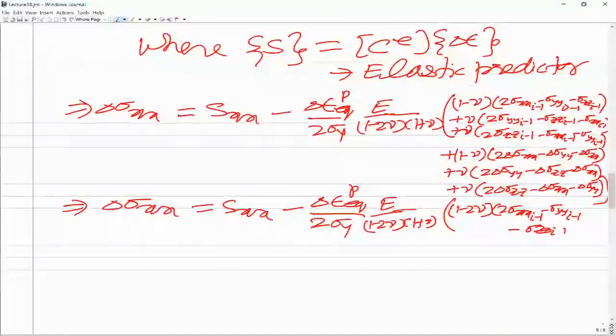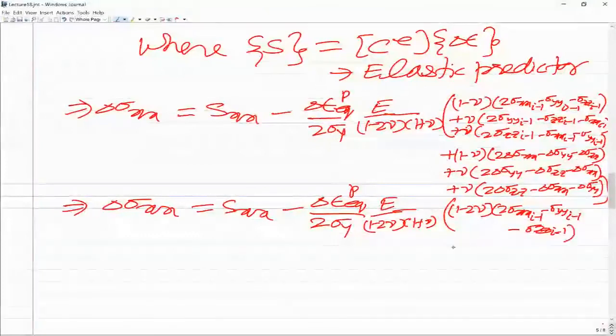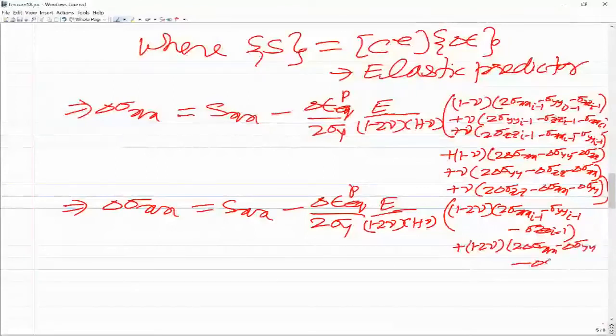Okay. So this is sigma zz at i minus 1. So that is one term you will get. And similarly plus 1 minus 2 nu you will get. Now if you club all the terms you will get twice of delta sigma xx minus delta sigma yy minus delta sigma zz.